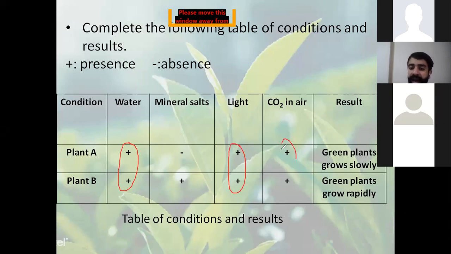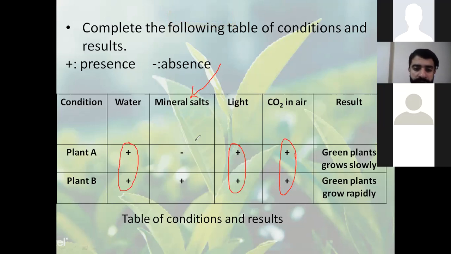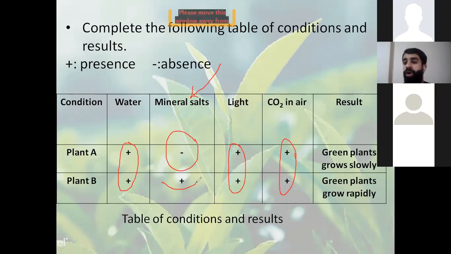Both plants have CO2, but the variable factor is the mineral salts. Plant A is found in distilled water, so there are no mineral salts. While in plant B, we have normal water like the tap water or mineral water. It contains minerals.